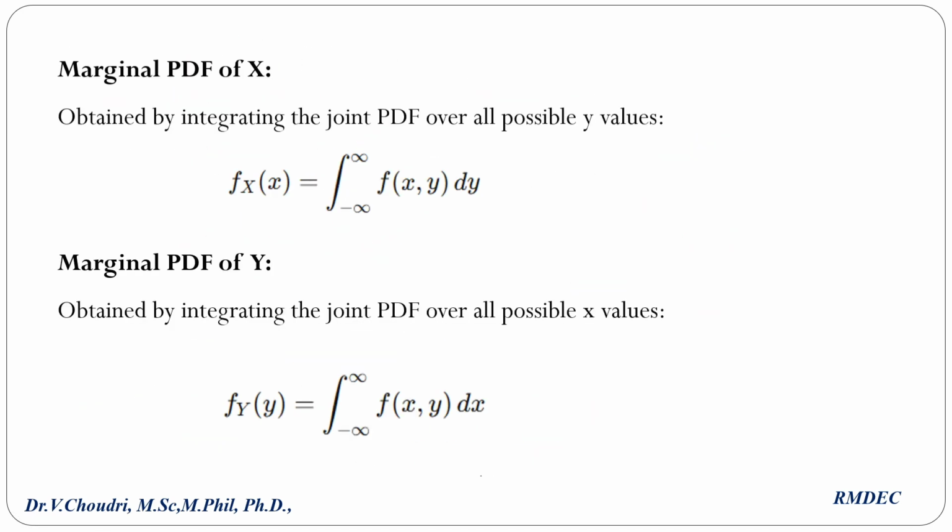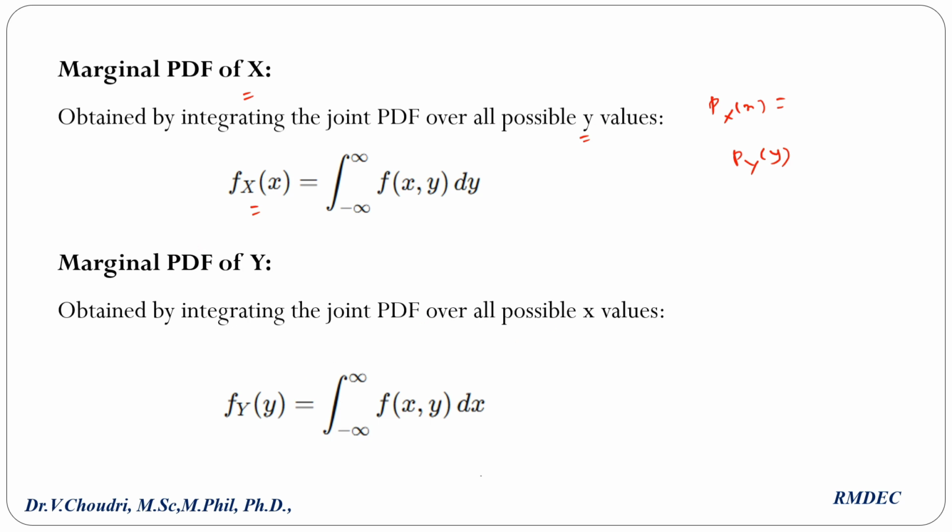Now find the marginal PDF of x. Do you remember how we found px of x and py of y? We find the marginal probability mass function of x summing over y. We find the marginal probability function of y summing over x. The same way, it is obtained by integrating the joint PDF over all possible values of y when it is required for x, and over all possible values of x when it is required for y.